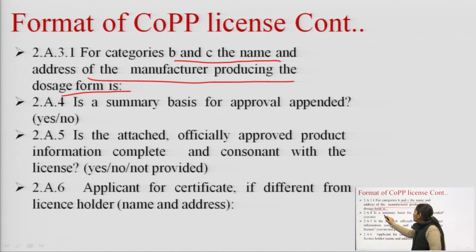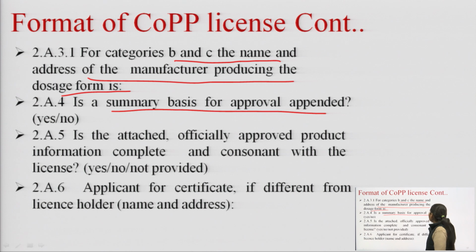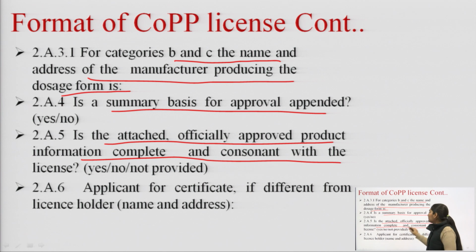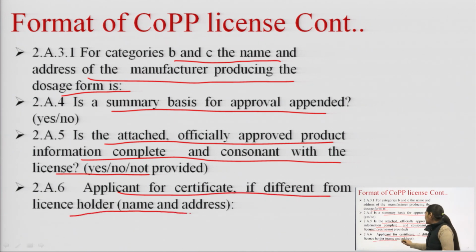Okay. 2A4 is, is a summary basis for approval appended, yes or no. 2A5 is, is the attached officially approved product information complete and consistent with the license. Okay.